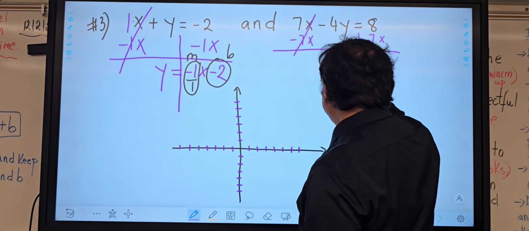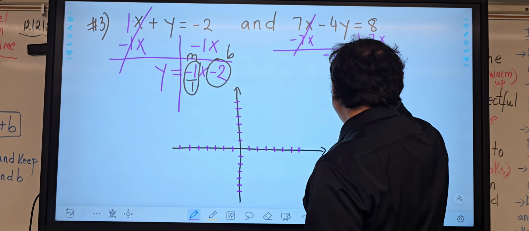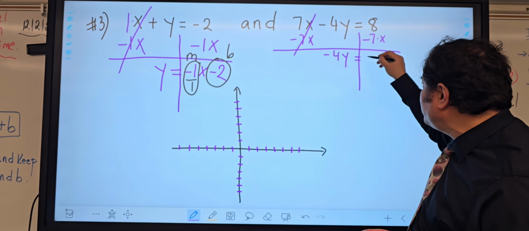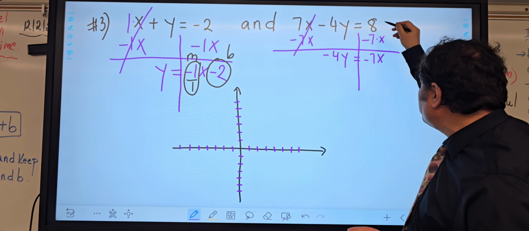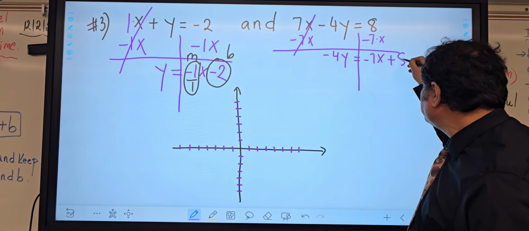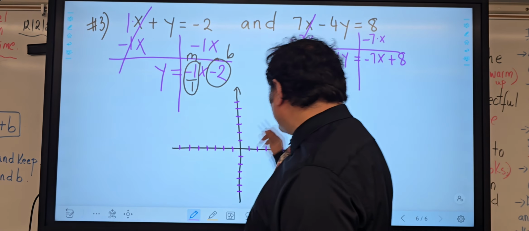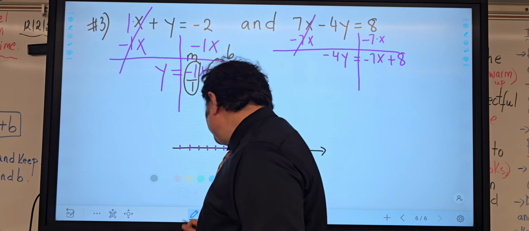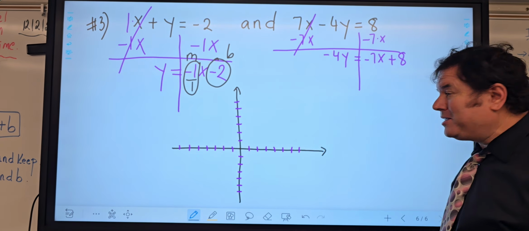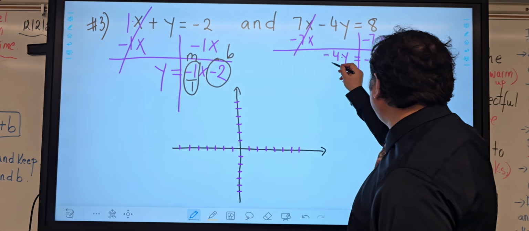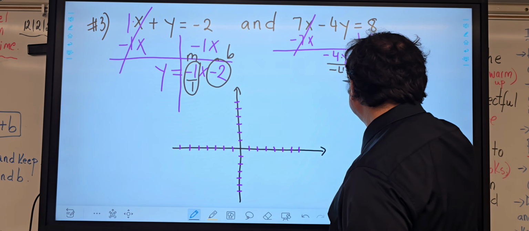So we have negative 4y equals, and again, we are going to put the negative 7x first, right? Negative 7x, and then plus 8. And finally, in order for us to get the y by itself, we need to get rid of the negative 4, right? And opposite of multiplication is division. So let's divide both sides by negative 4.